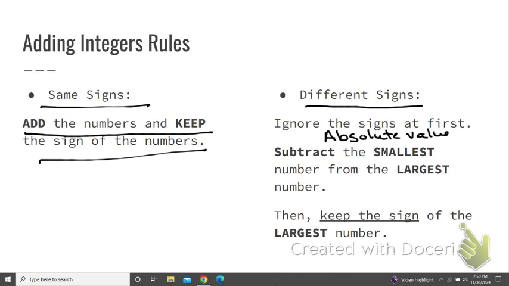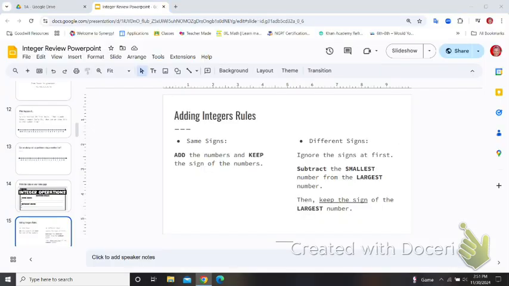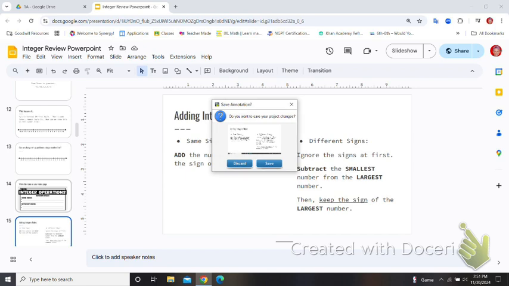Just the number part. And then we're going to subtract the smaller one from the larger, but sometimes I call it bigger number wins. Keep the sign of the largest. So those are the two rules. So going back to your notes, and we can fill them in.